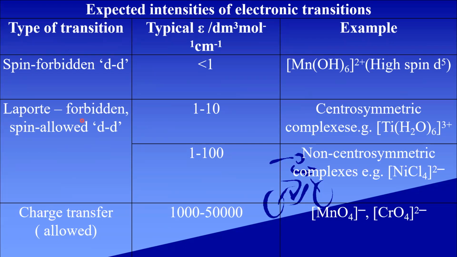Laporte forbidden, spin allowed is the second case. In this, the epsilon value is 1 to 100, which takes place in octahedral complexes that possess centrosymmetry. An example is Ti(H2O)6 3+. In this case, titanium is in the plus 3 oxidation state, which has D1 configuration.